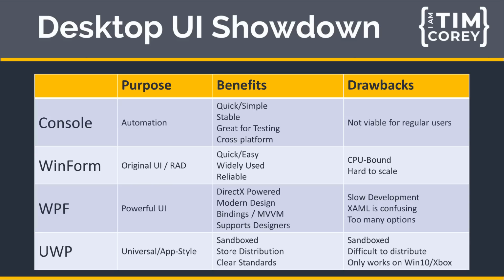Well, that means that your audience is actually very, very small when it comes to UWP applications. Your target audience is only Windows 10 users. And if you want to have access to all the APIs, you'll have to target only Windows 10 users who have been doing their regular Windows updates.